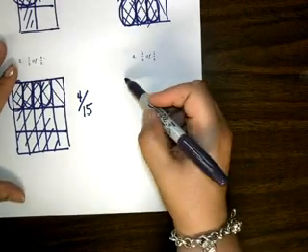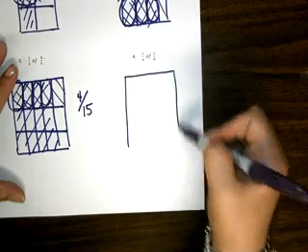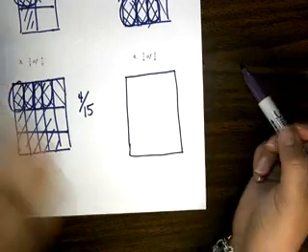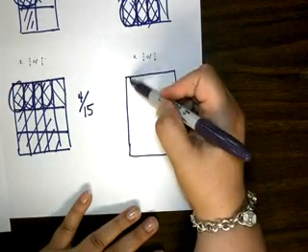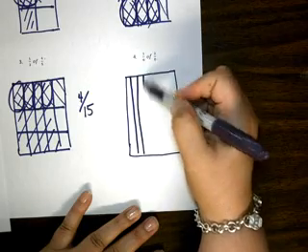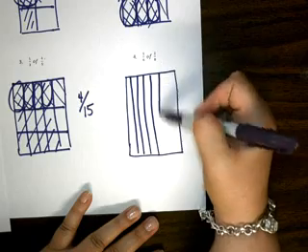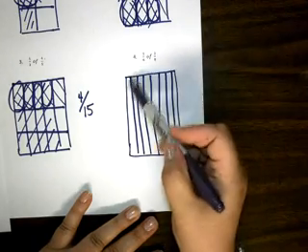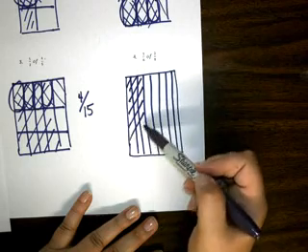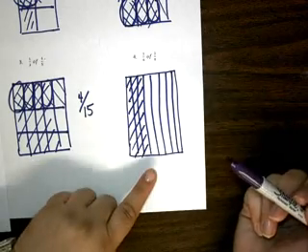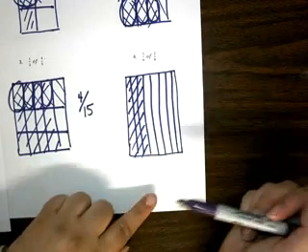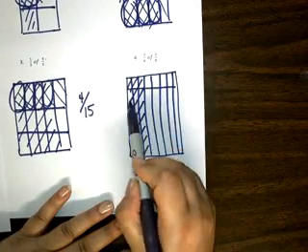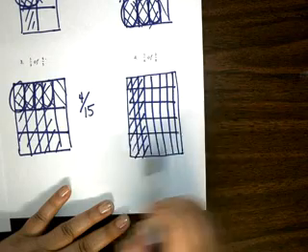Next one. Uh-oh. 1/6 of 3/8. I should have made this much larger. All right, I need to have 8 intervals. 1, 2, 3, 4, 5, 6, 7, 8. I want 3 of them. Now I have a unit box that's showing 3/8. Within this unit box, I want 1/6. 1, 2, 3, 4, 5, 6.